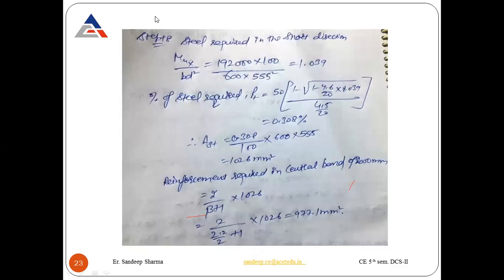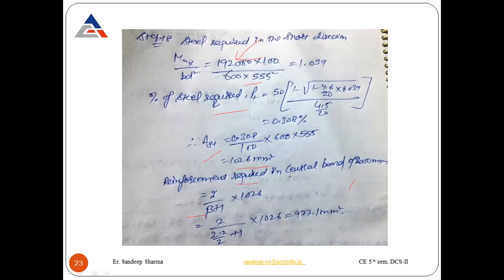Now we have to calculate the area of steel for the shorter direction. So against the shorter direction, the moment will be different, which we calculated as the bending moment along the x-axis. So along that, we have to provide the steel as well, like the percentage of steel will be b into d along this axis, and the area of steel we have is 1026.